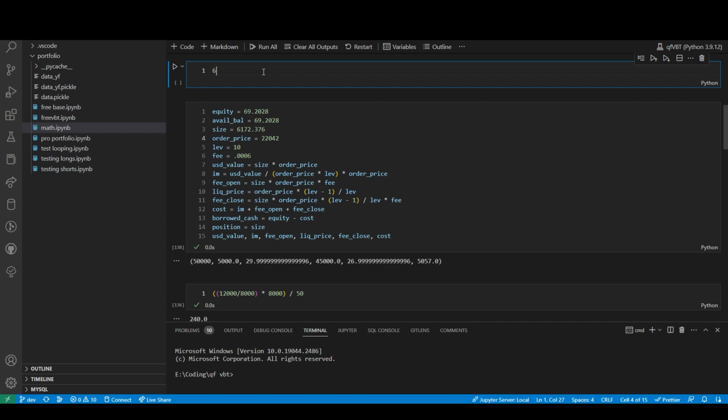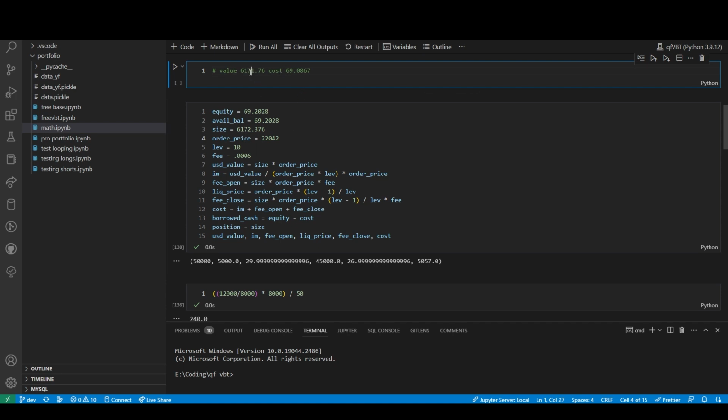So it was 6171.76, and the cost was 69.0867. Value.